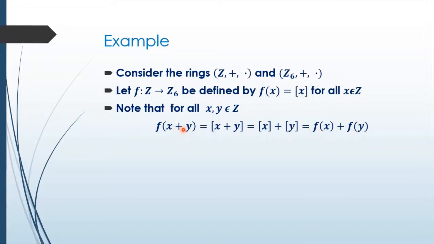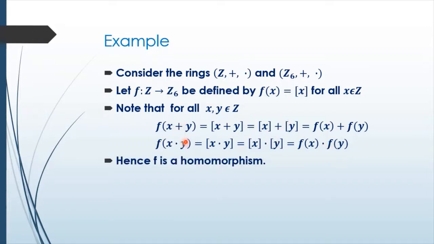Hence, we see that f of x plus y is equal to f of x plus f of y. Similarly, f of x dot y is nothing but class x dot y, which is equal to class x into class y, which is equal to f of x into f of y. Thus, f preserves the binary operations. Hence, f is a homomorphism.